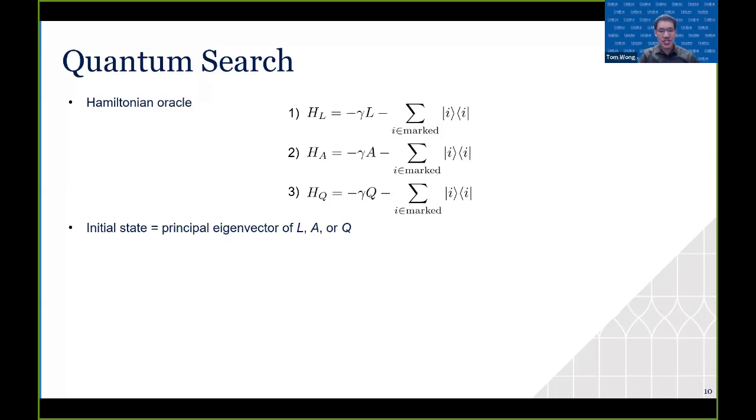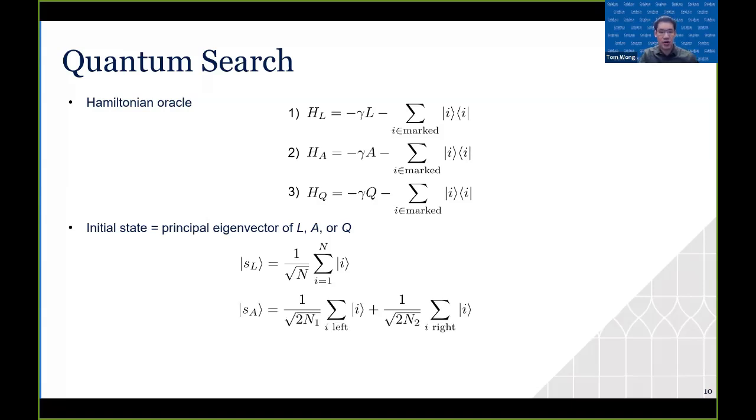And so what this looks like for each of these quantum walks is the following. So for the standard Laplacian quantum walk, the principal eigenvector is just the uniform state. So it's a uniform superposition over all n vertices. And for many search algorithms, this is the state that you start with.